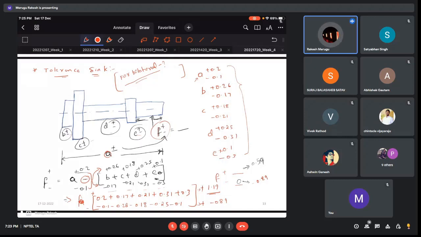This is the scenario of bilateral. Just think about it, and you can compare that with the unilateral also. You can make yourself how to solve these types of problems in a quick way. So this is one shortcut, but you can find more.